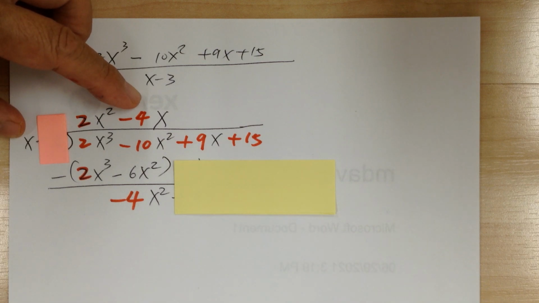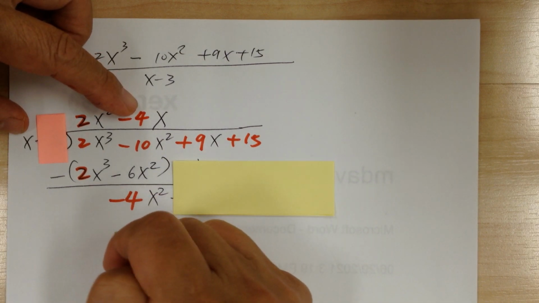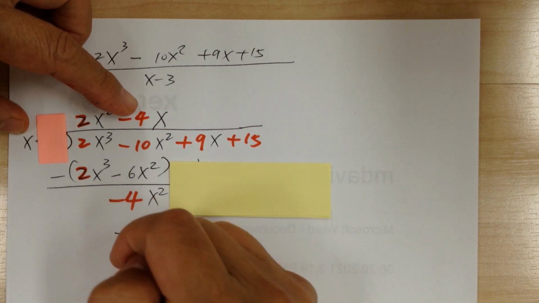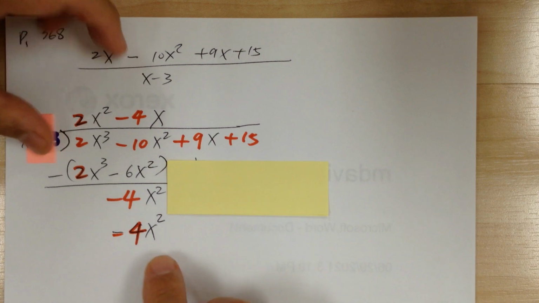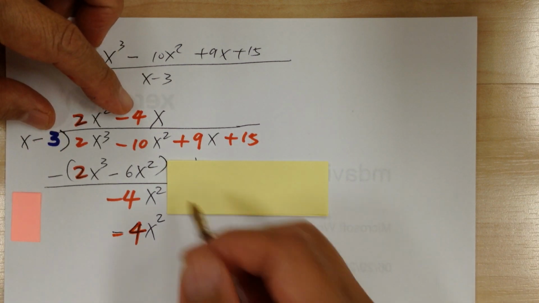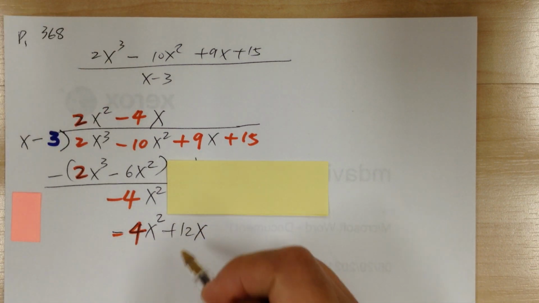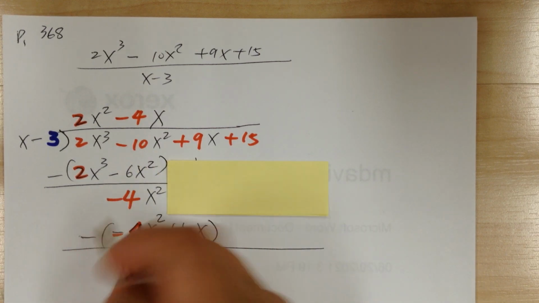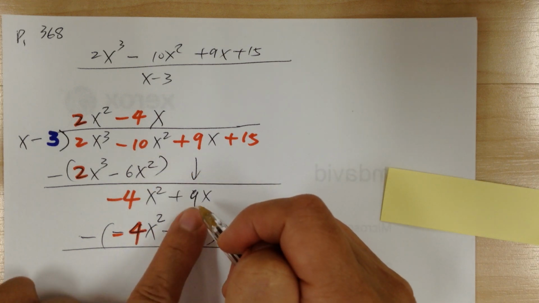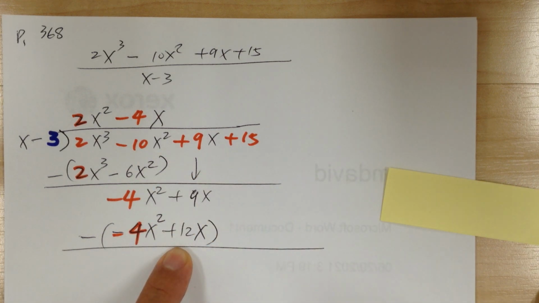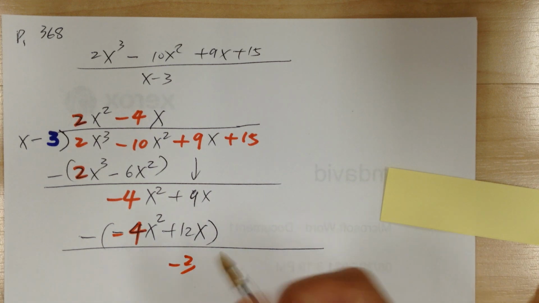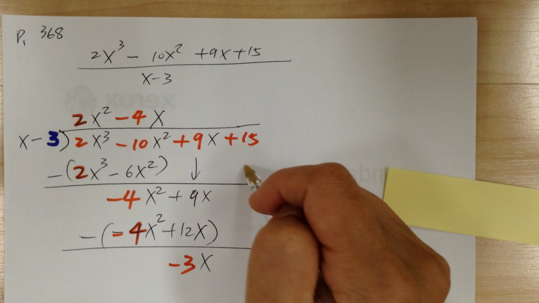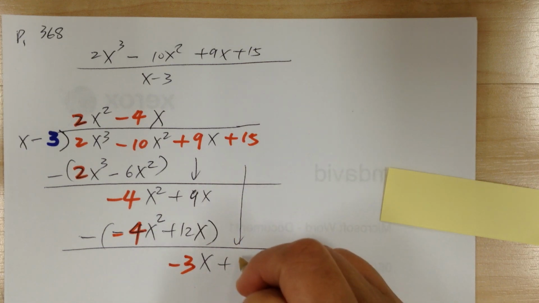So when you multiply, you will get negative 4x squared, and this would become plus 12x. Now you subtract, so this will cancel out. 9 minus 12 will give you negative 3x. And then you drop the next one down.